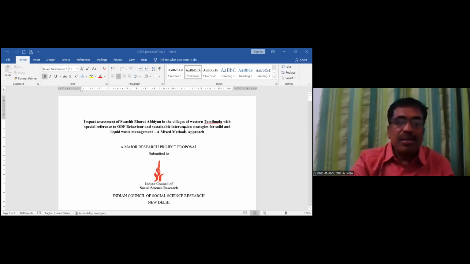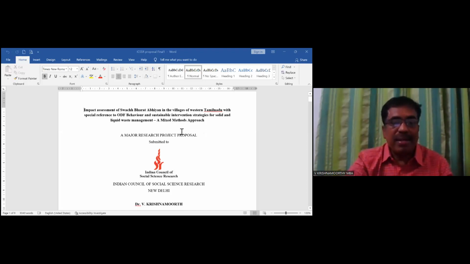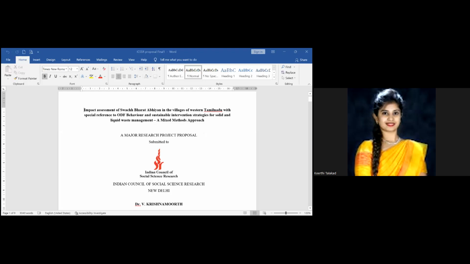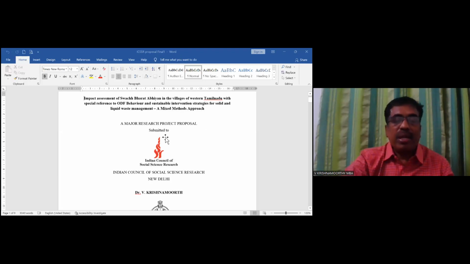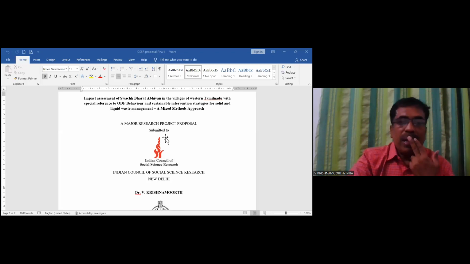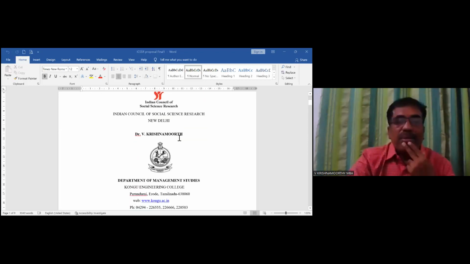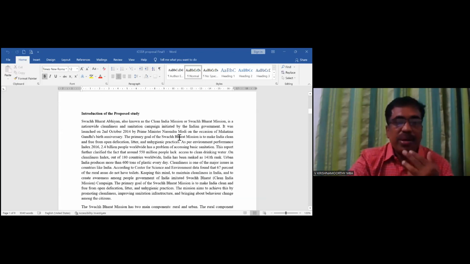Sir, can you see this Word file? Yes, sir. Major research project proposal. This research proposal was prepared by me and another researcher, on impact assessment of Swachh Bharat Abhiyan. Now I'm supposed to write a review of literature.